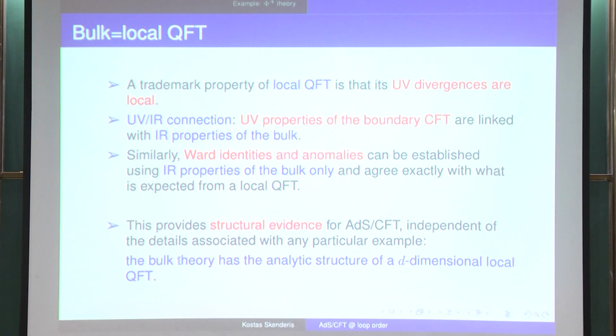The infinities are not going to have this property. Here, we analyzed the on-shell value of the action as a function of the sources, and we found that the infinities are local. So the on-shell value of the action has the analytic properties of a local quantum field theory.